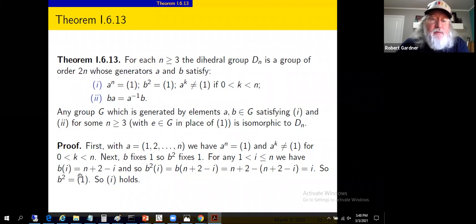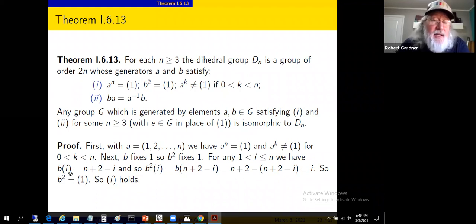So that's what we had in terms of the representation of B in the definition of the dihedral group. If we look at B squared of I, the symbol, it will first take B of I to n plus 2 minus I. That's what B does to the input. And now B will apply to that entry. So we'll get n plus 2 minus that entry.